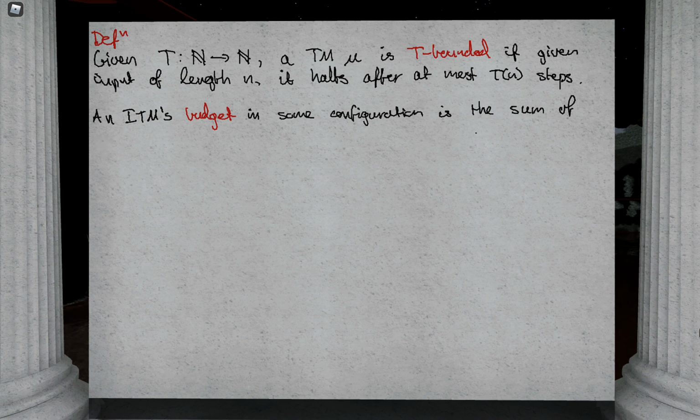Import values are going to be natural numbers. So it's all of the import that it's received in messages minus the import it's sent. The idea is to avoid this ping-ponging problem by saying the budget has to be non-negative.